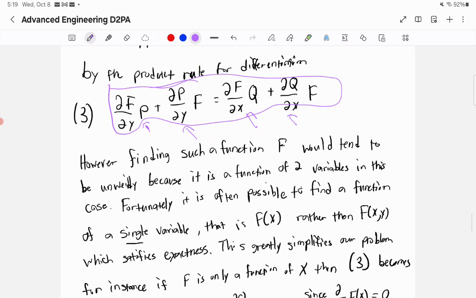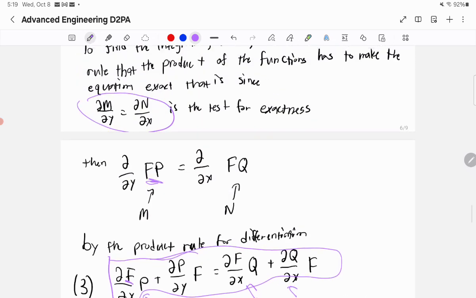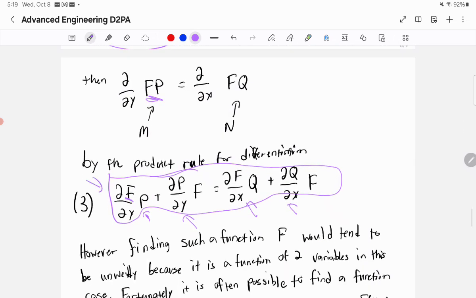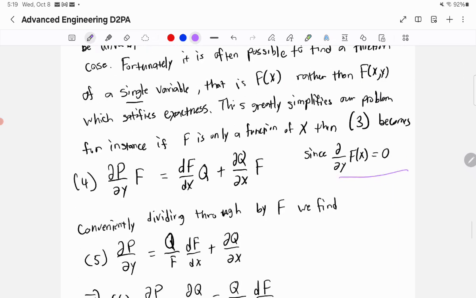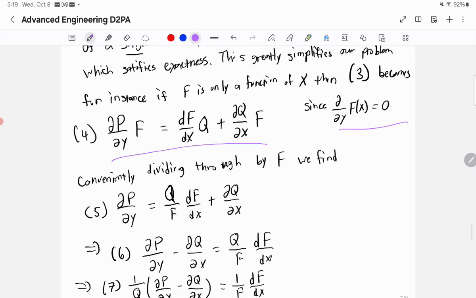But notice that if f is only a function of x, well, when I take the derivative of that with respect to y, it's 0, so that term falls away. So this very first term is going to actually fall out of the equation, and we'll see that that makes life easier. And that's exactly what I'm showing here. f is only a function of x. We've simplified it. One of the terms went away.